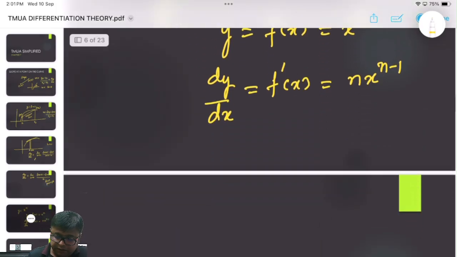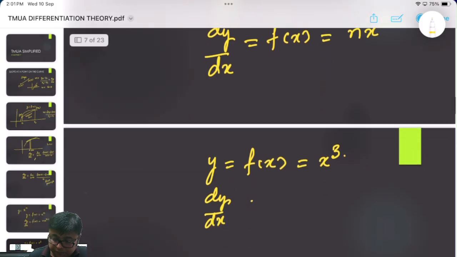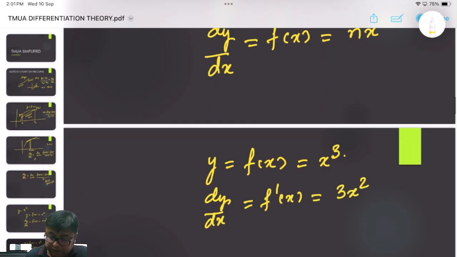For example, if I say y is equal to f(x) is equal to x cube, so the derivative, dy by dx or f dash x, will be 3x square. 3 will come here and you subtract the power by 1, 3x square.